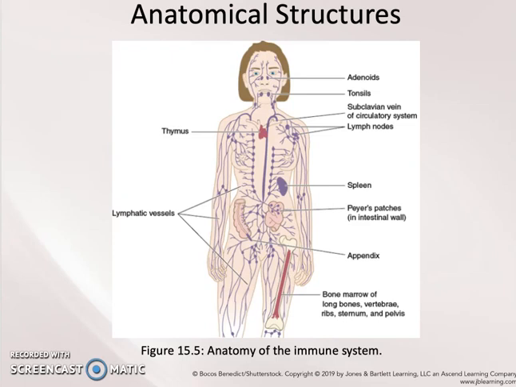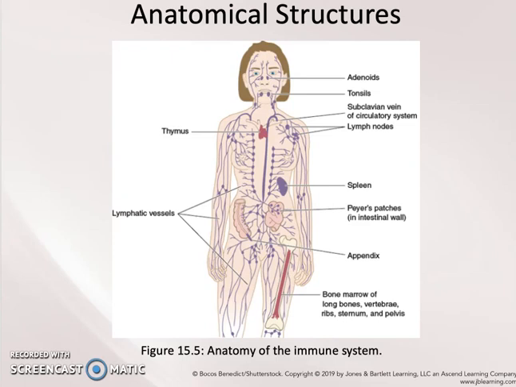PAMPs are components that microbes have but human cells do not, and are thus a direct way for the innate immune components to identify a microbe as foreign and respond accordingly. Examples of PAMPs include cell wall components of bacteria or fungi, flagella of bacteria, and certain carbohydrate structures like lipopolysaccharides.